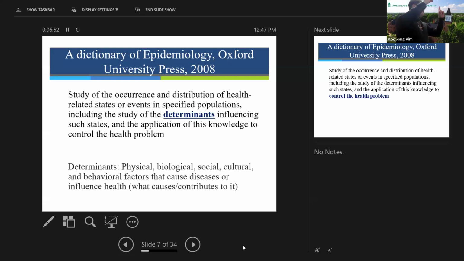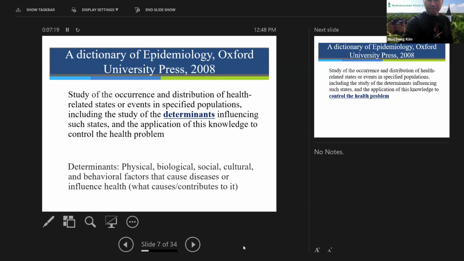So one disease is caused by many factors, as you mentioned. These are the determinants. There is not only one cause for a disease; many factors are involved. So we need to know what determinants are involved in this disease. That is the epidemiology of determinants.